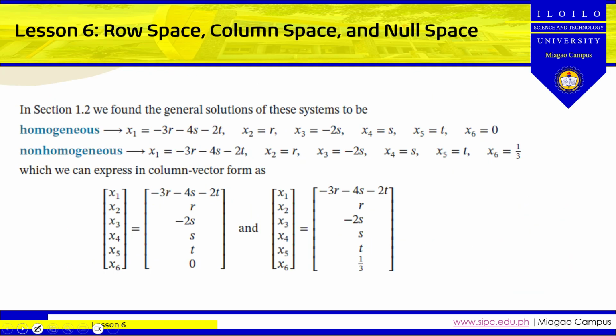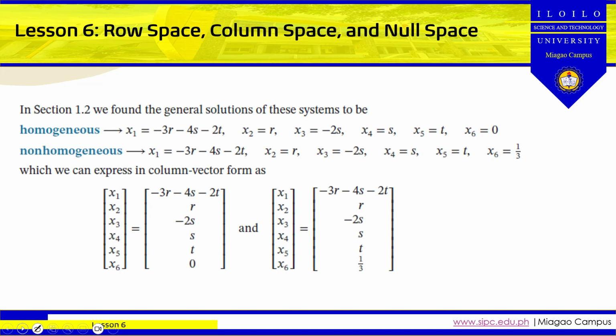Next, we found the general solutions of these systems to be, in the homogeneous case, x sub 1 is equal to negative 3r minus 4s minus 2t. x sub 2 is equal to r. x sub 3 is equal to negative 2s. x sub 4 is equal to s. x sub 5 is equal to t. x sub 6 is equal to 0.